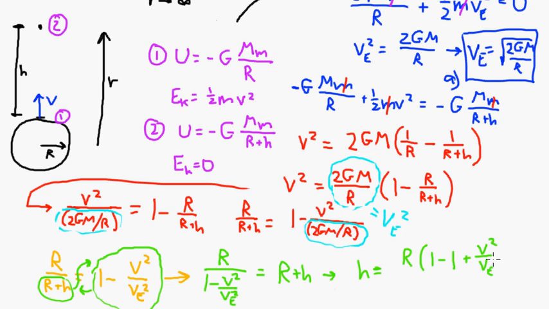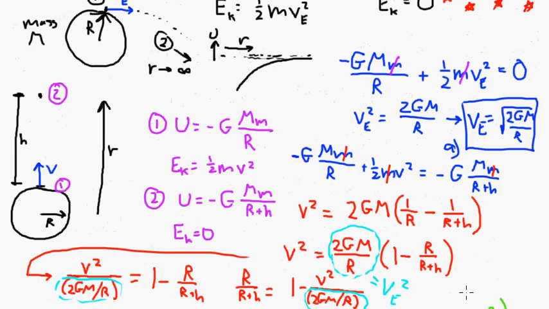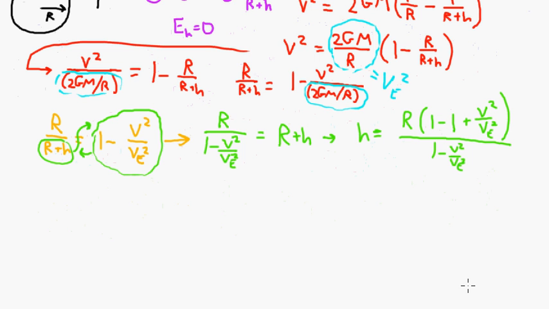And let's switch to another color just to totally gross you out. And this will cancel. And so what you get in the end is H equals big R times V squared over VE squared over 1 minus V squared over VE squared.